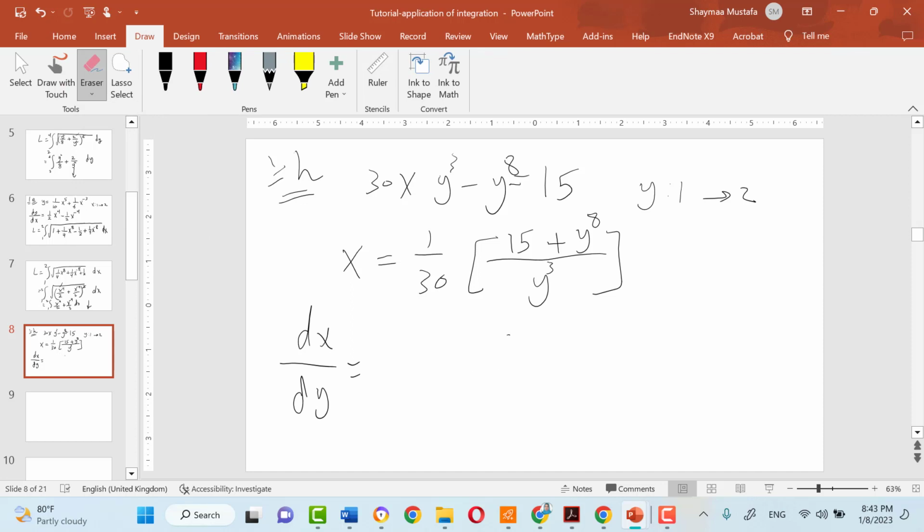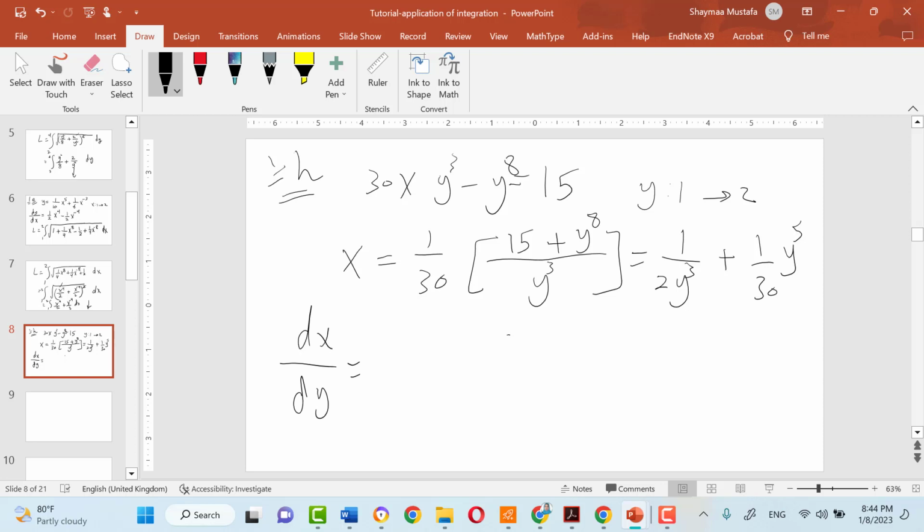Okay, before doing the derivative, we can say it 1 over 2y cube here plus 1 over 13 y to the power 5.